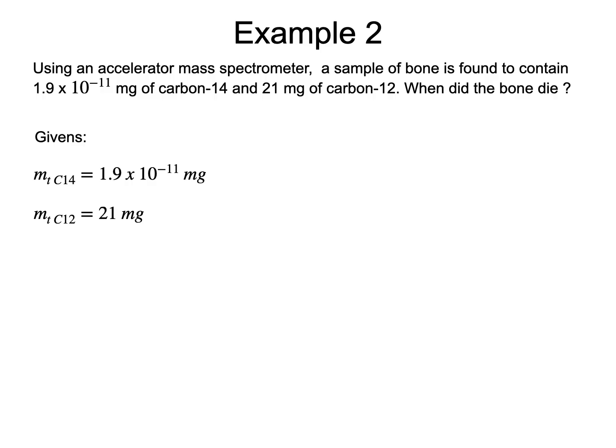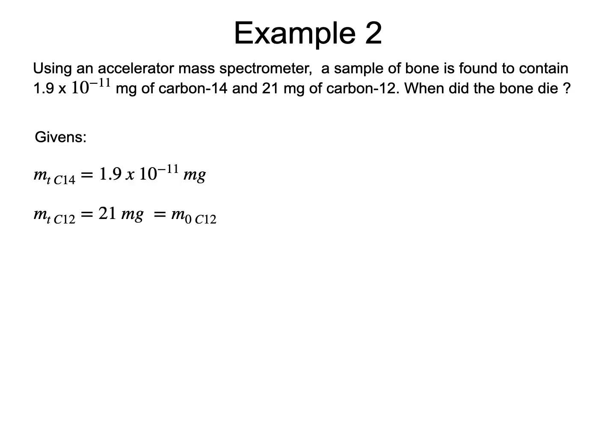However, since carbon-12 is very stable and the bone is considered to be a closed system, this mass of carbon-12 would be the same as it was at the time of death. Here we have just set the time of death as having happened at the time origin.